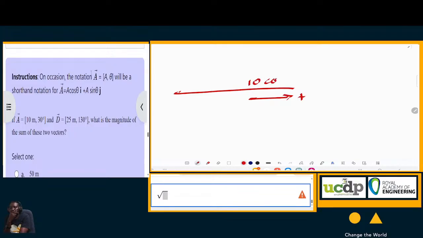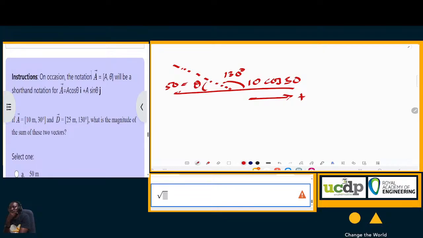I got 50 from the angle on a straight line, which is 180 minus 130. So the angle on the straight line is 180, and theta there becomes 50.